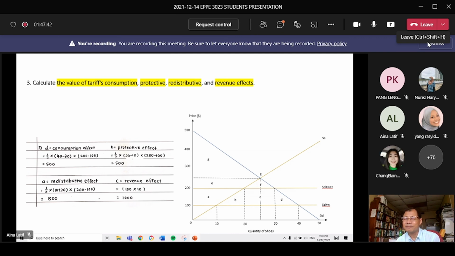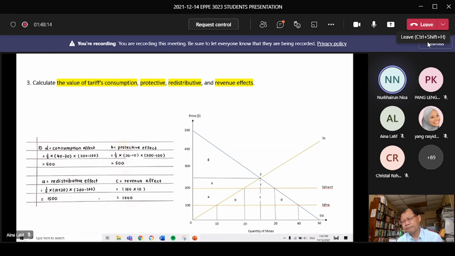Alright, thank you. So for question 3, calculate the value of tariff's consumption, protective, redistributive and revenue effects. So the consumption is area D, donkey, and then the protective is area B, boy, and then redistributive is area A, and then revenue effect is area C, that box.